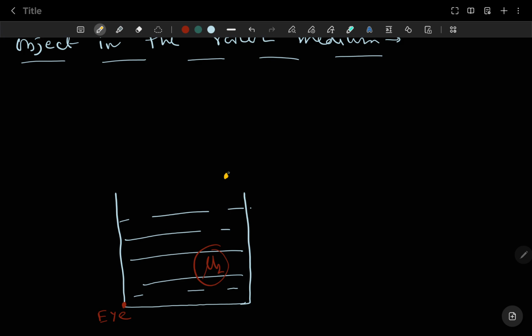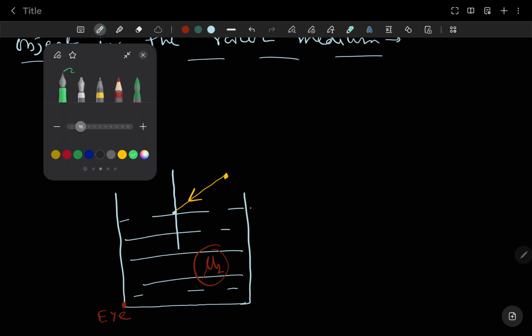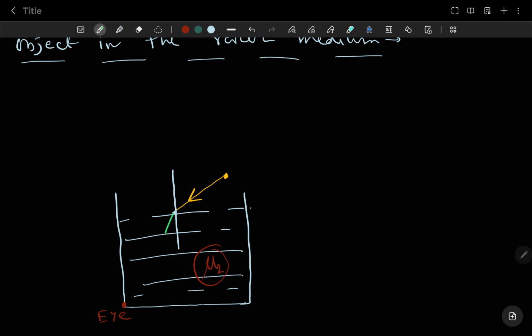Okay, so the light ray is coming like this, suffers refraction at this point and finally comes to the eye, like this.